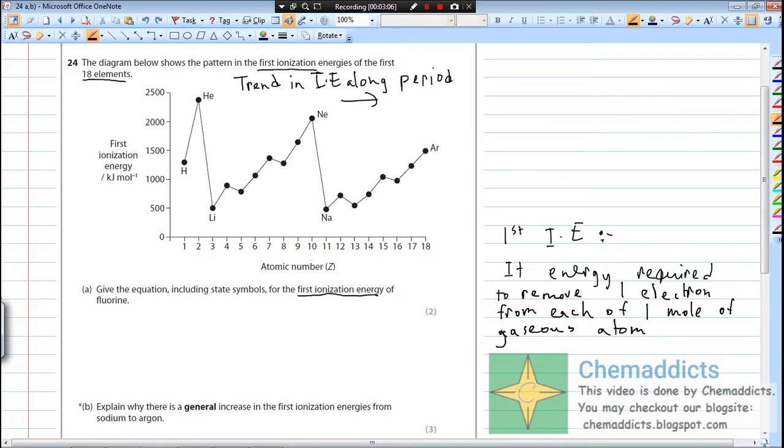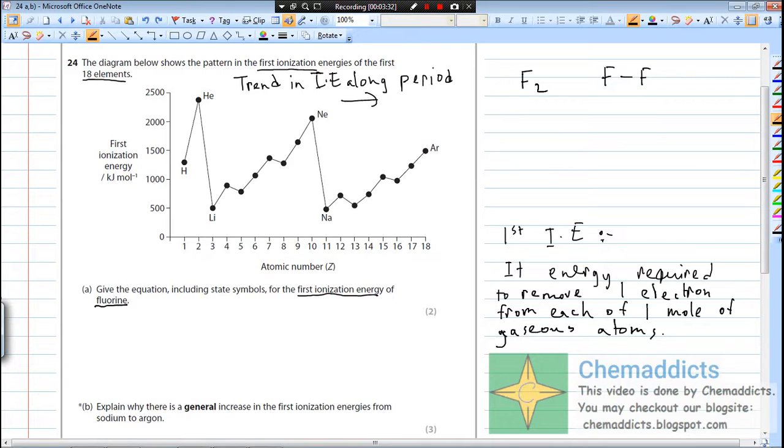So here they have asked us to find the equation for the first ionization energy of fluorine. We know that fluorine exists as F2 diatomic molecules in nature. So it will have two fluorine atoms.